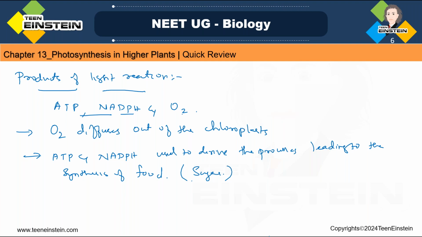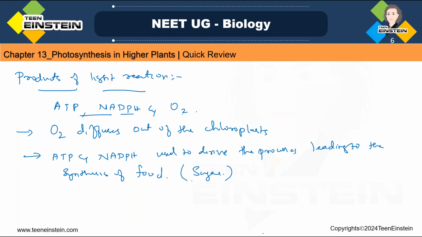So this is the photochemical phase, or light reaction, or Hill reaction. Under the photochemical phase we are learning about light absorption, photolysis of water, then formation of high energy chemical intermediates.